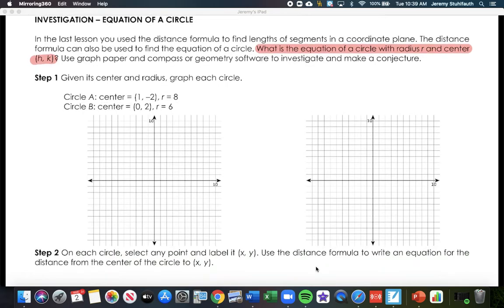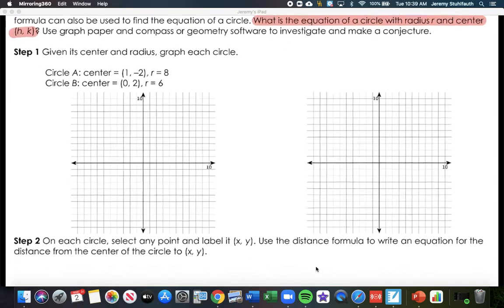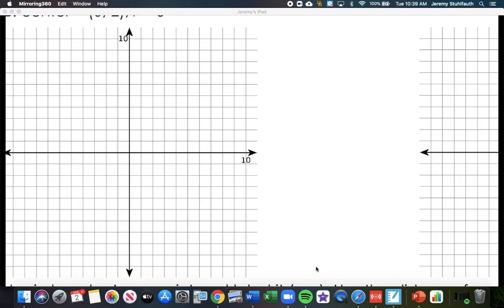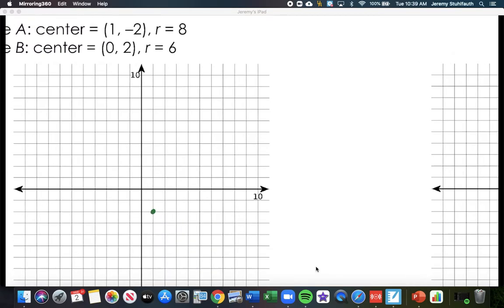We're going to graph each of these circles, circle A and circle B. Circle A has a center of (1, -2) and a radius of 8.